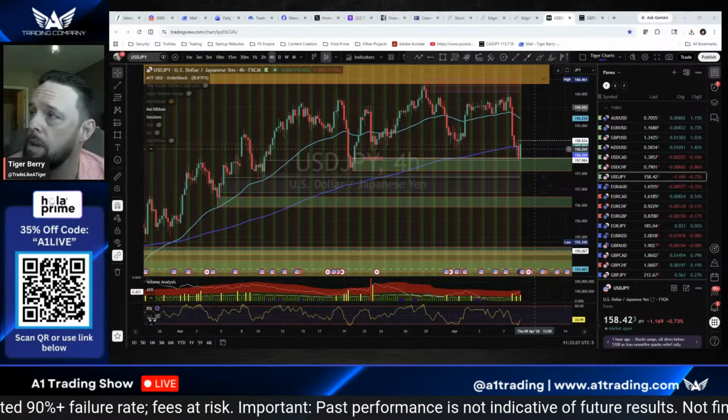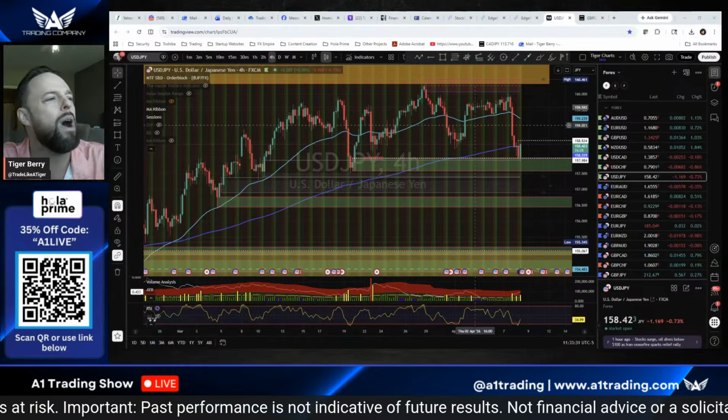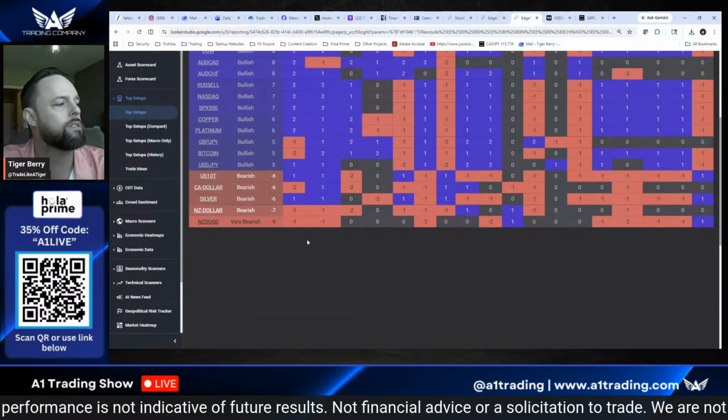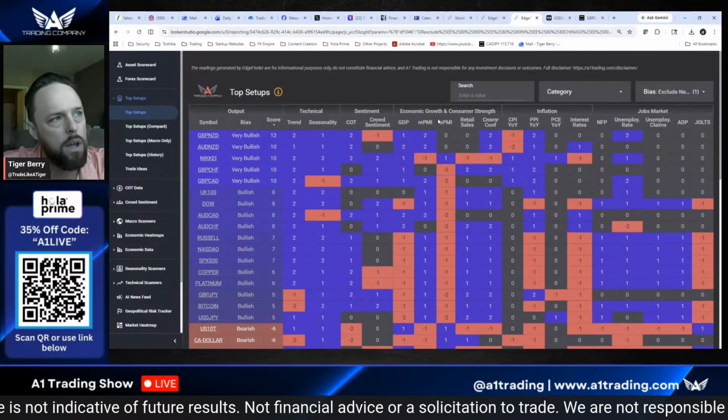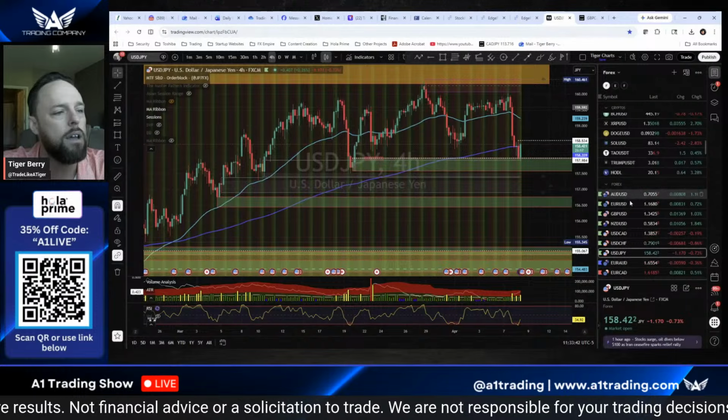Can we check out Kiwi Dollar? Kiwi Dollar make you holla. Let's do that. So it is at the bottom, still giving us a nice bearish signal. Let's go have a look on the technical side.